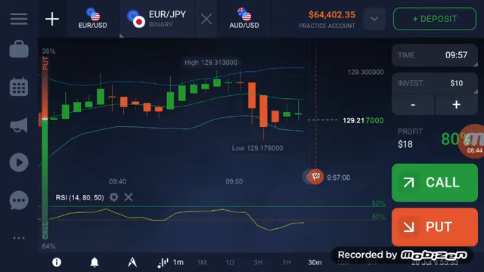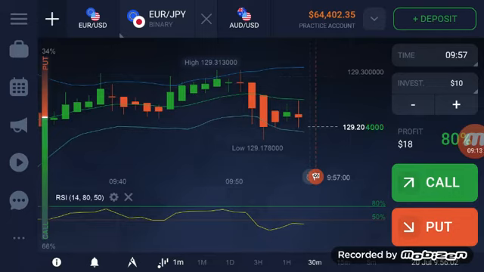Wasted all my chances at the trade right there. Too dangerous now. If I do the put trade now, it's gonna be too dangerous. I should have done it from before.